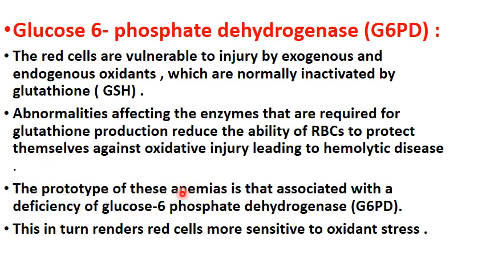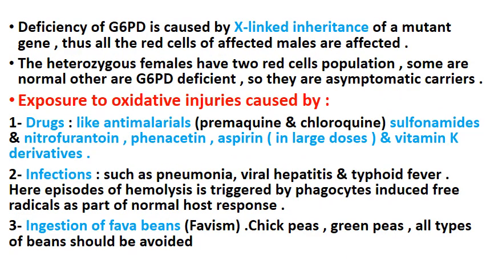The prototype of this anemia is associated with G6PD. This renders the red blood cell more sensitive, more vulnerable to oxidant stress, which then leads to hemolysis. The deficiency of G6PD is basically X-linked inheritance of a mutant gene. That means red blood cells of the male are affected.